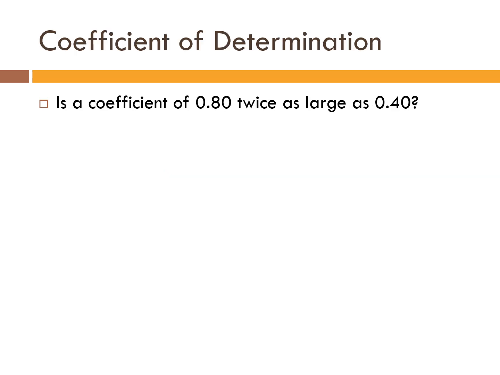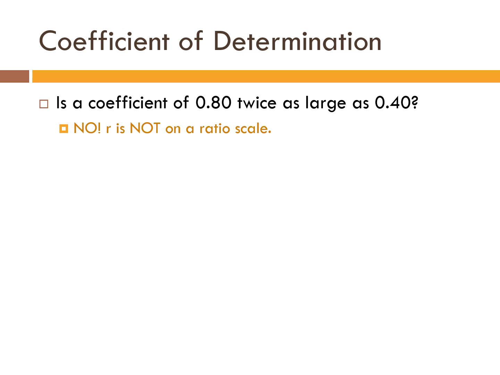Now, once we understand the interpretation of an effect, we then might want to compare effects to each other. And so we ask ourselves, is an effect size or a Pearson coefficient of 0.8 twice as large as a 0.4? And the answer to this is no. The Pearson R is not a ratio scale.